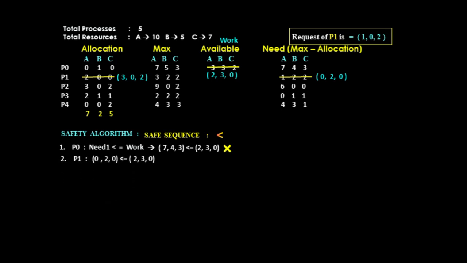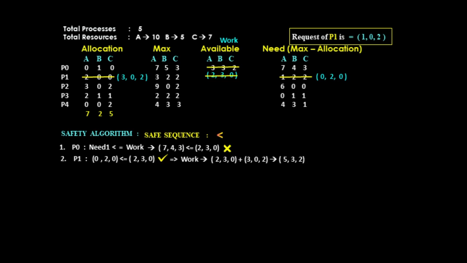Next, we will move on to the next process, P1. Its need is 0 2 0 and it is compared against the available number of resources, that is 230. It is valid. So, if it is valid, we have to change the available number of resources from 230 by adding the allocation 302 to the already existing 230. Now it becomes 532.